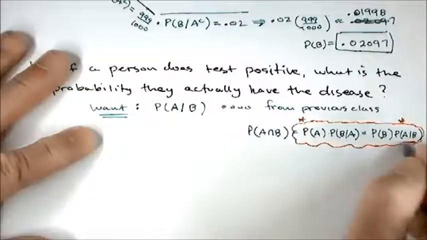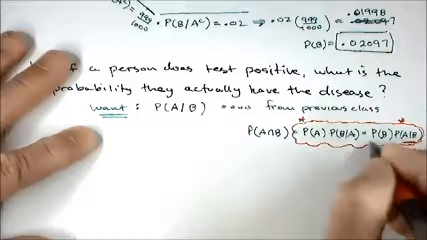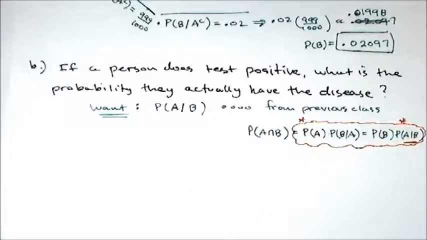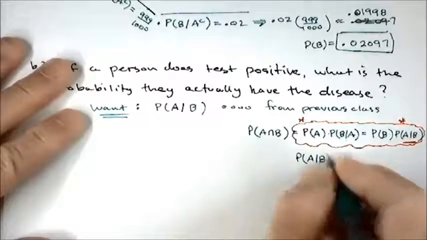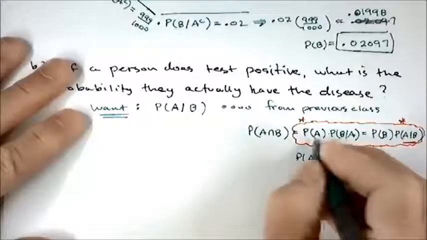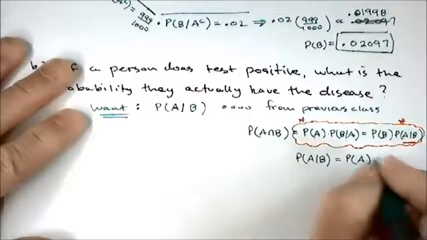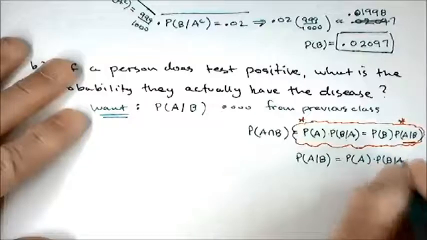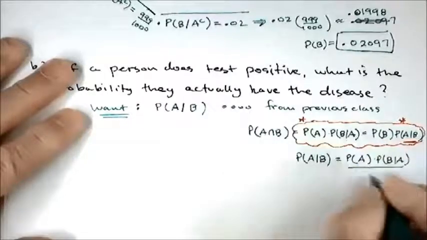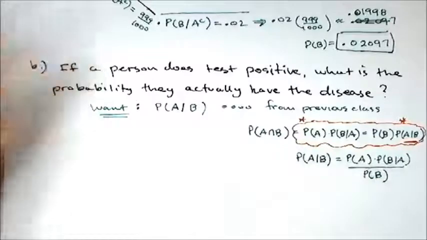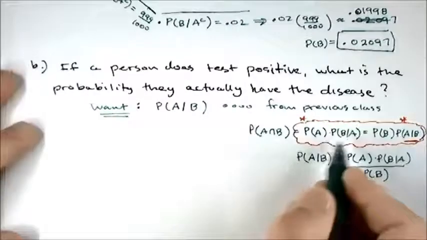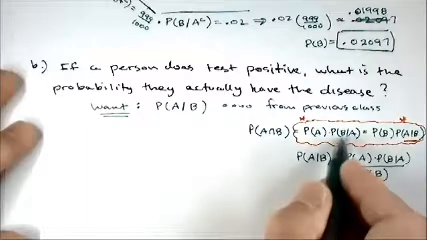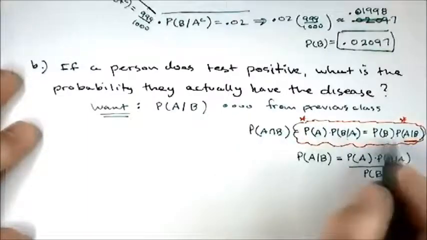So let's just isolate this probability. If I get this by itself, that means I'm going to divide both sides by the probability of B. So the probability of A given B, this one right here, is going to be equal to the probability of A times the probability of B given A, divided by the probability of B. Okay, because on another problem, maybe you actually want this one, in which case you would divide both sides by the probability of A, right?